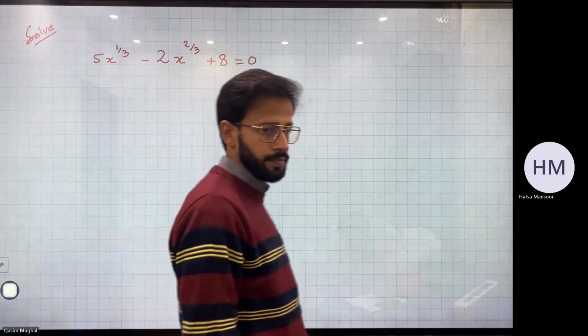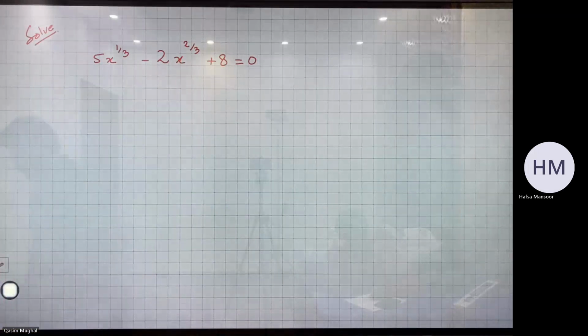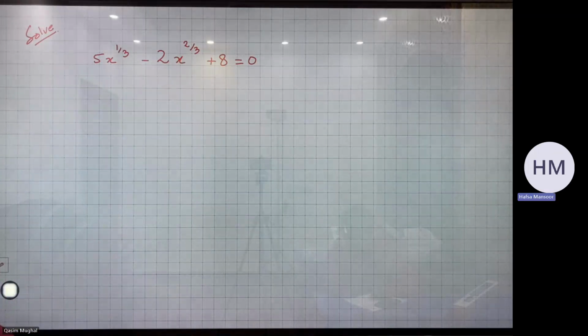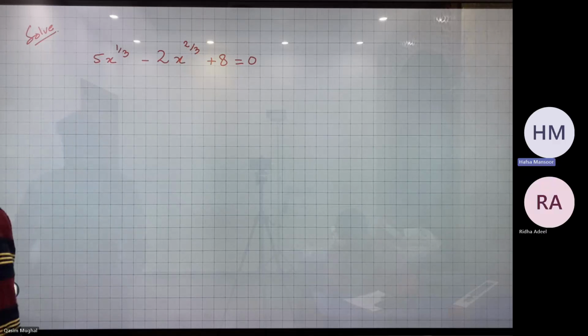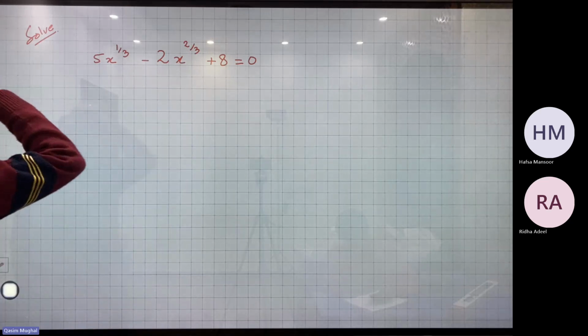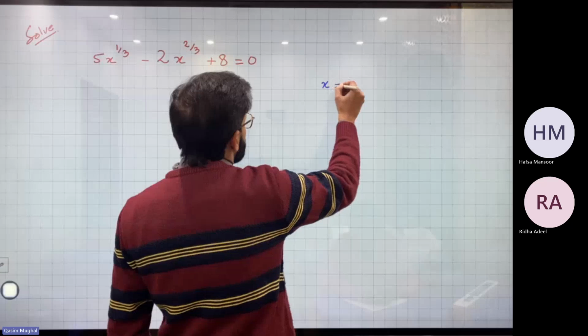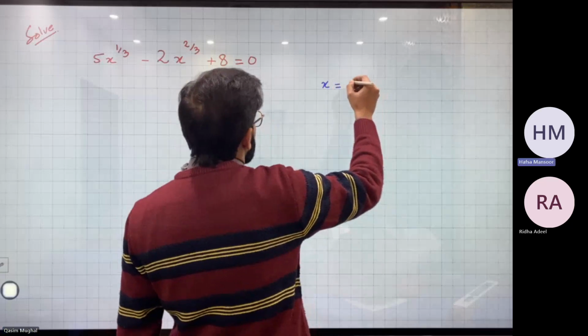Done? For x, 7.0, I think. So you've got two answers. Are you giving me the final answer? Yes.